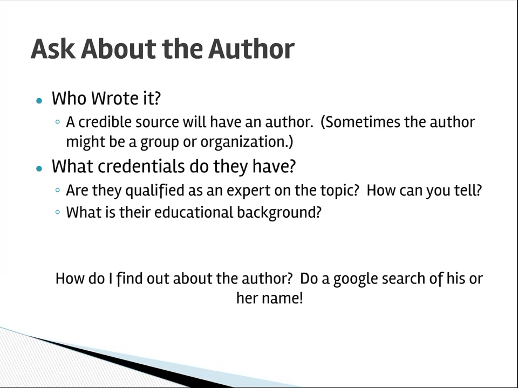Are other articles written by this person well-respected, well-regarded? And again, no matter what kind of credentials you're looking for, whether it's the degree or the reputation of an organization, these are things you can Google. We've got that great tool at our fingertips, and it's easy enough to get information that way.